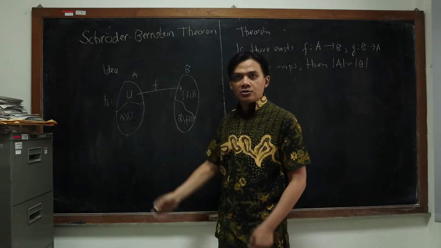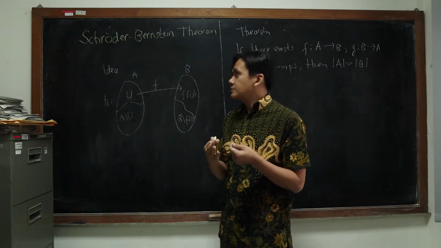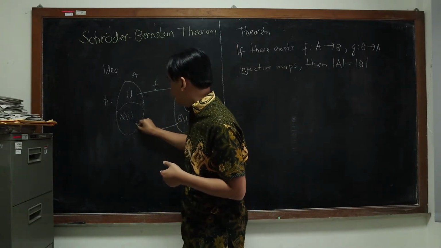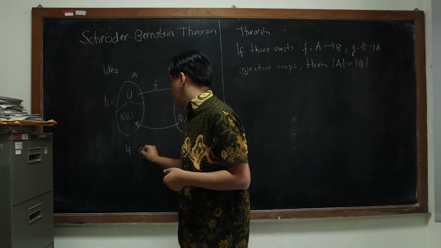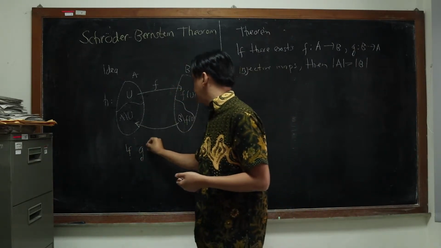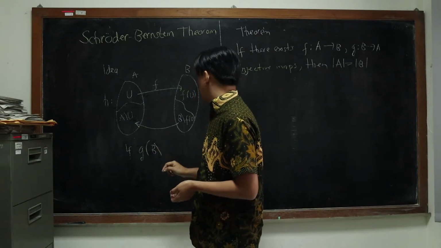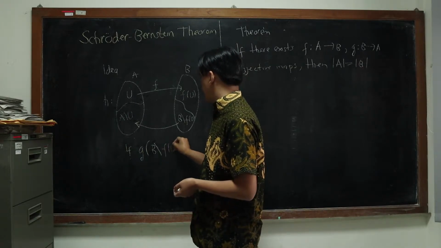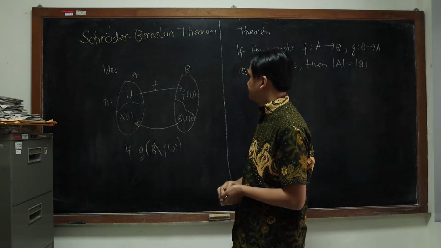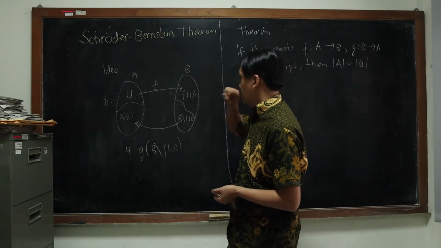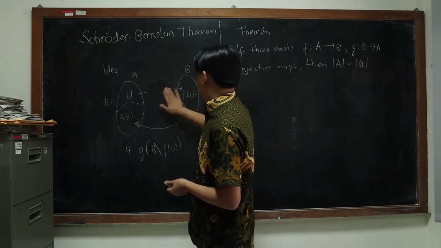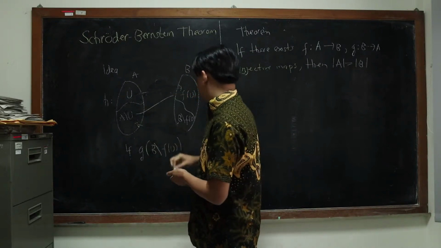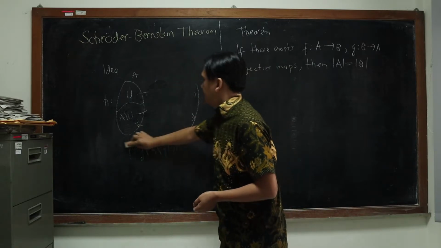Now how about the remaining? We need to somehow use the map G, right? I'm sorry, let me say it again.